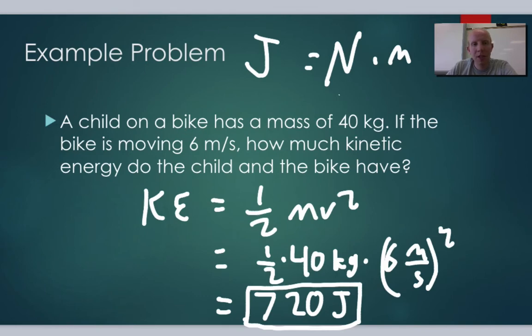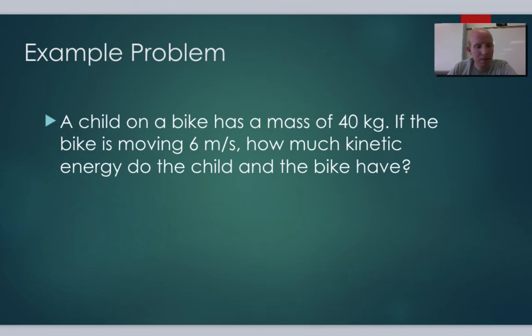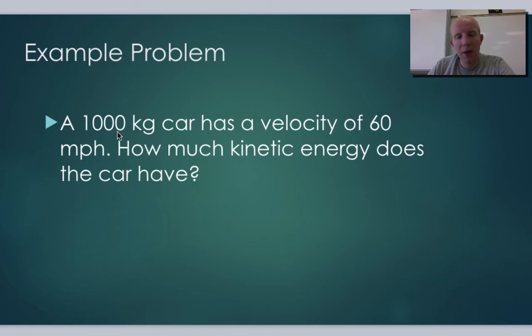Okay, let's look at another example. A 1,000 kilogram car has a velocity of 60 miles per hour. How much kinetic energy does it have? Be careful here because we have miles per hour. So first of all, let's convert that to meters per second. It always has to be in meters per second.